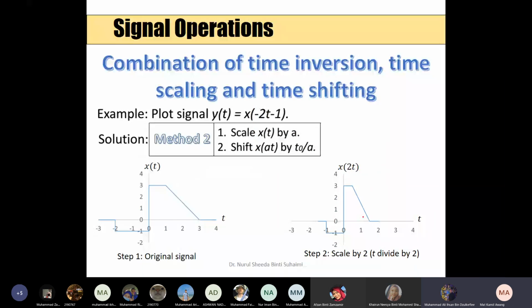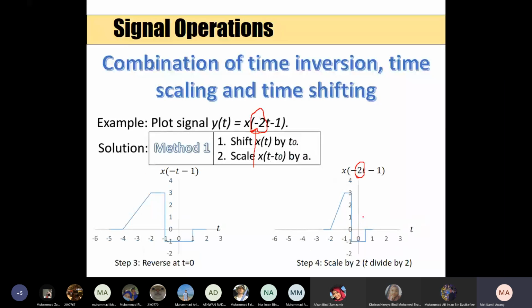If a is less than 1, does it expand? We are talking about magnitude. Negative 2, the magnitude is 2. The negative sign is the flipping, the inversion. You look at a as the amplitude.